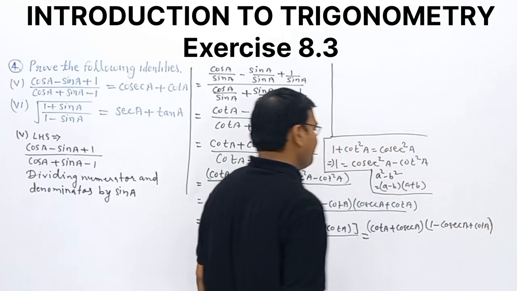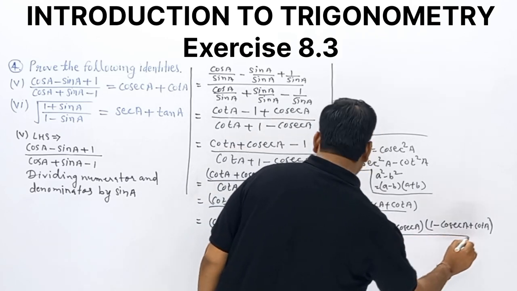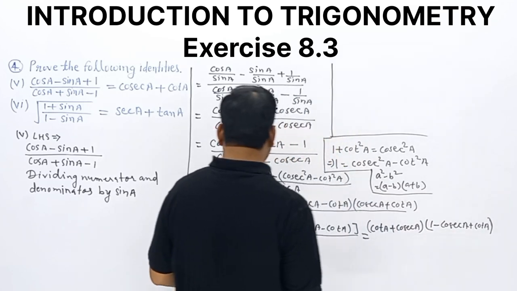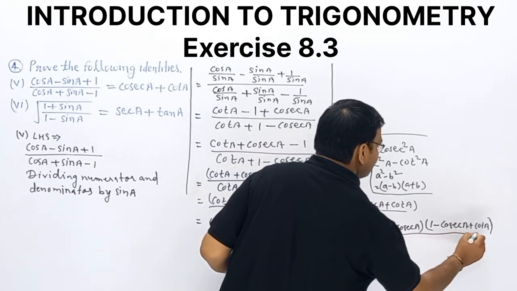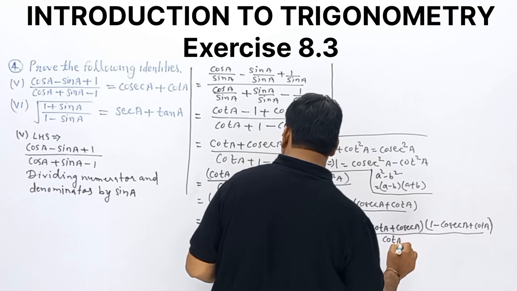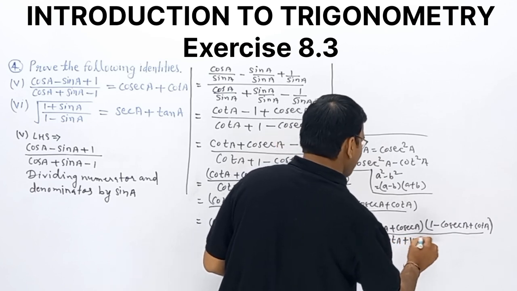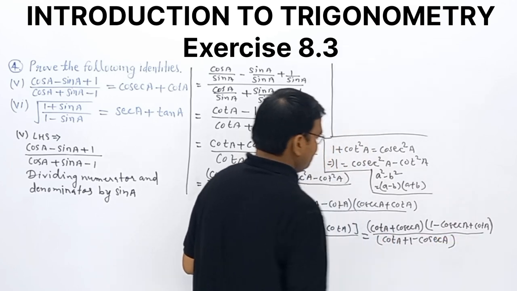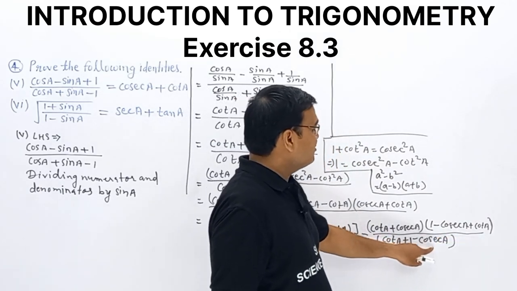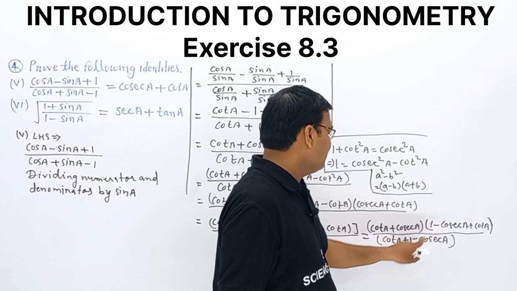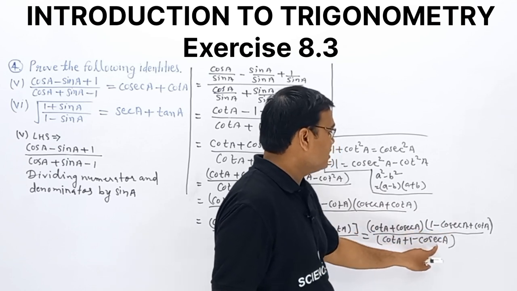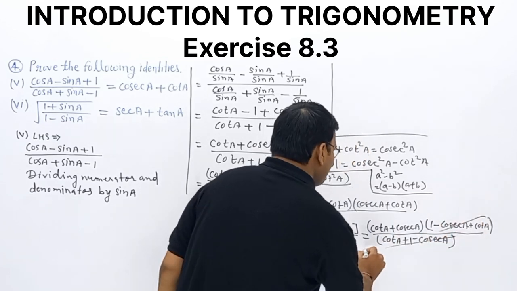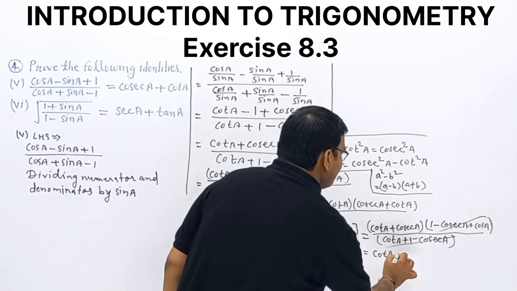In the denominator what we are having? Cot A plus 1 minus cosec A. Now observe, cot A plus 1 minus cosec A is the same as this one: 1 is positive, minus cosec A plus cot A. It means this term will be cancelled with this term.